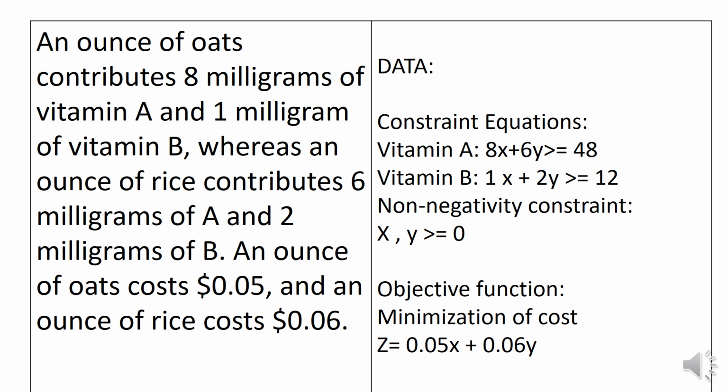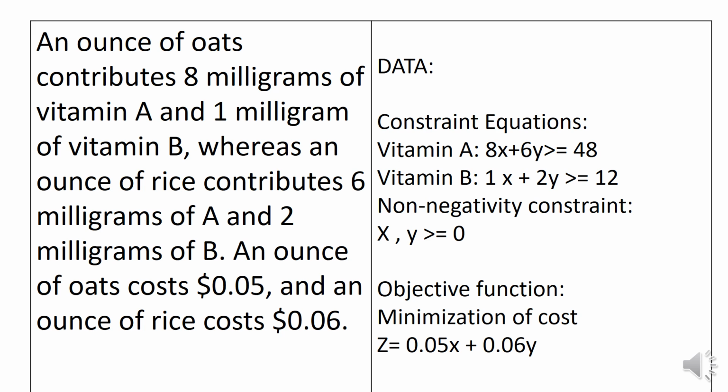Okay, here we have a constraint of vitamin A, since the 48 milligrams was given before. So the minimum requirement is that 48 milligrams must be there. That may be the need given by the nutritionist for any adult or kids cereals. And for vitamin B, the minimum requirement of 12 is given.